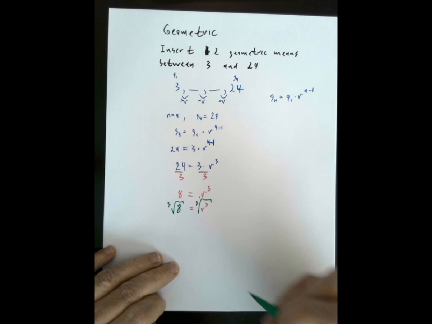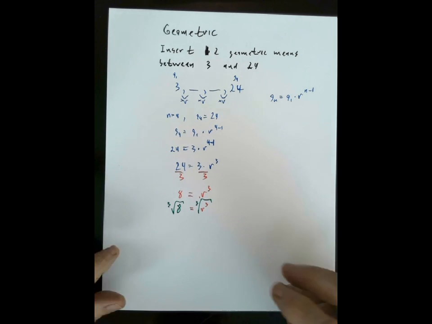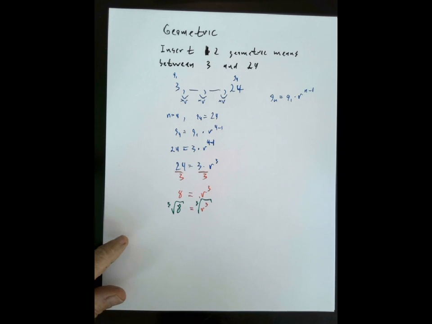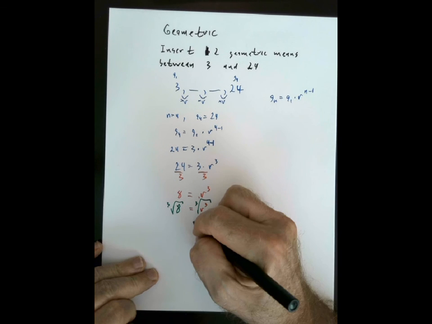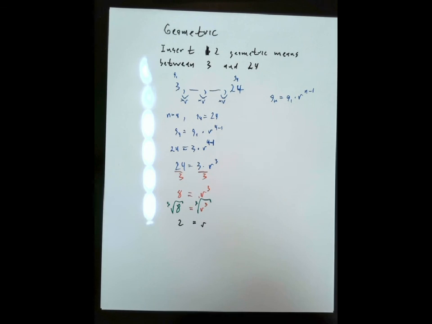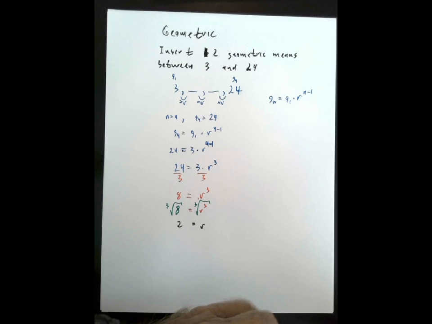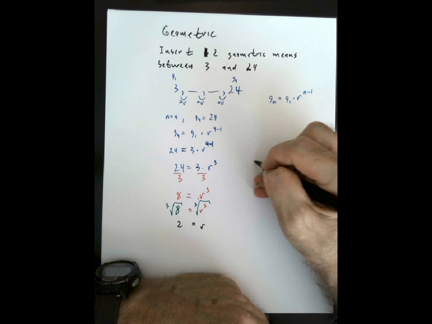Because we want the number that multiplied by itself 3 times will give you 8. And maybe you can see that that's going to have to be r is equal to 2, right? Okay, so there is our r value.